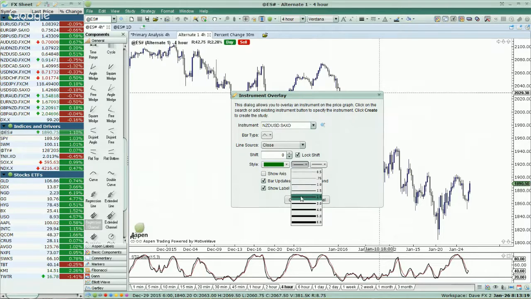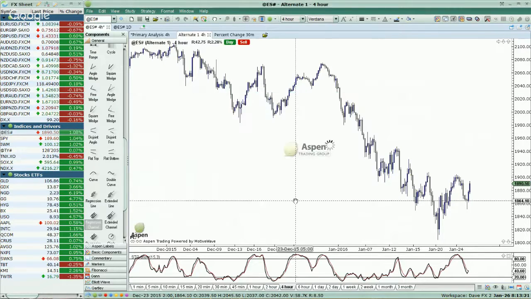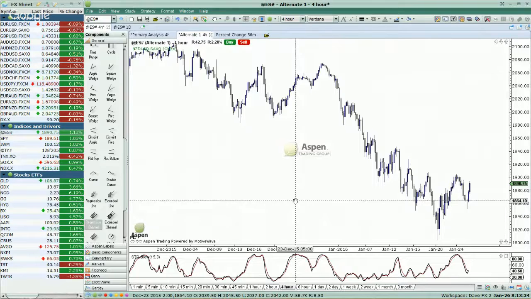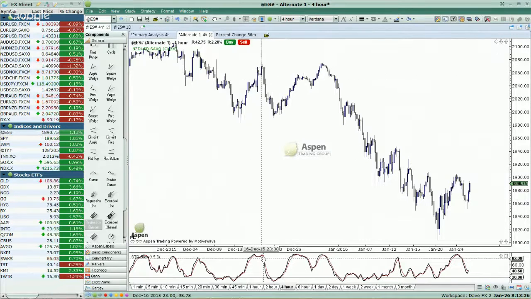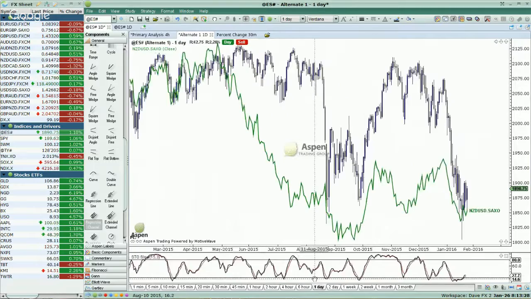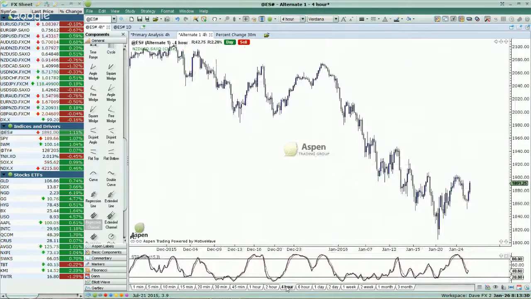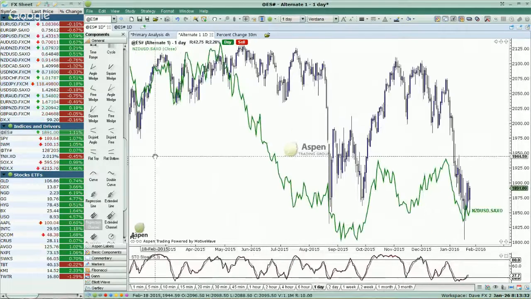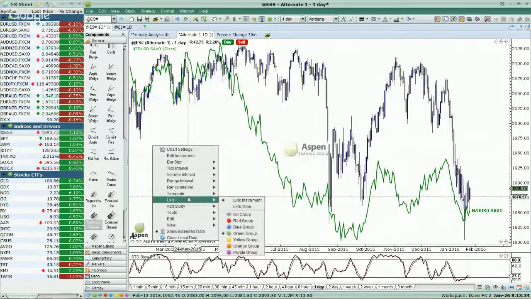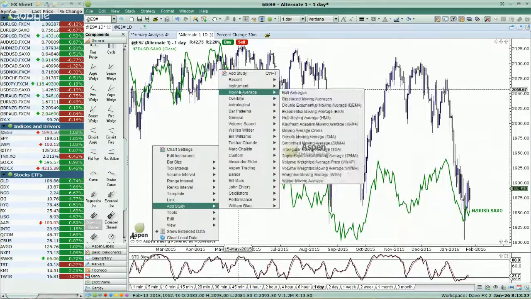So what I'm going to do is overlay the Kiwi dollar on top of the S&P, and I'm also going to overlay the Aussie dollar.